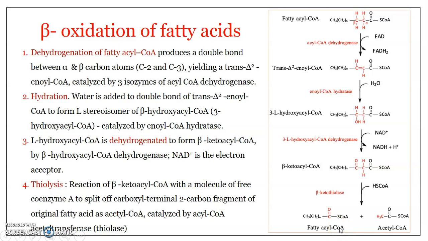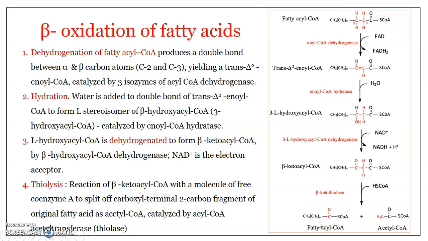Now this fatty acyl coenzyme A can again enter beta oxidation, and undergo oxidation, hydration, second oxidation, thiolysis, and produce a molecule of acetyl coenzyme A and another fatty acyl coenzyme A, which is 2 carbon less than this one.